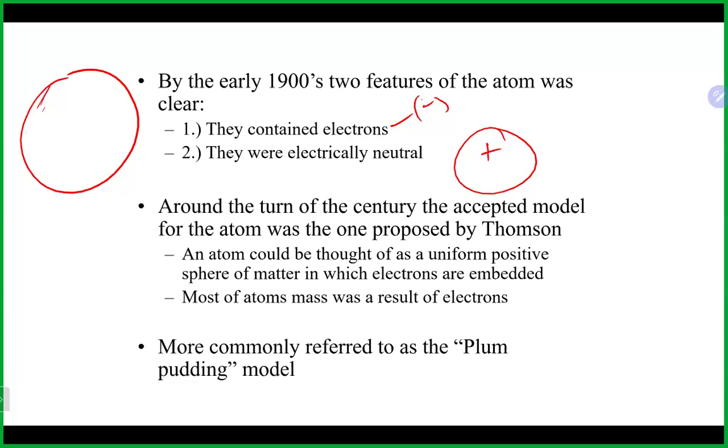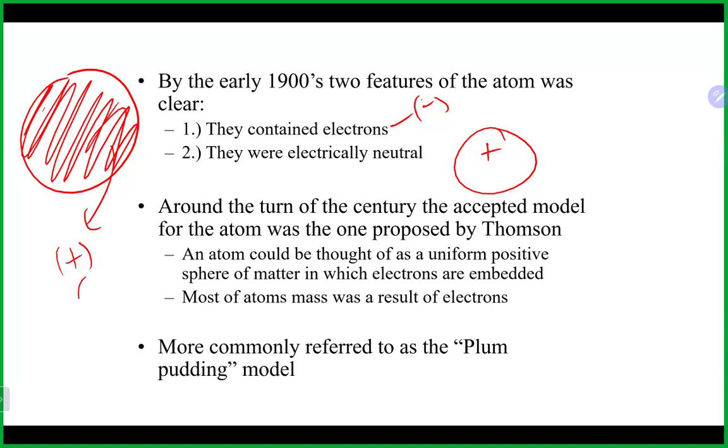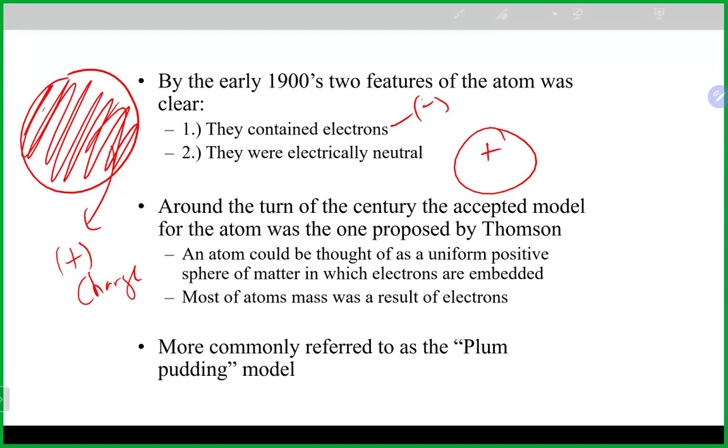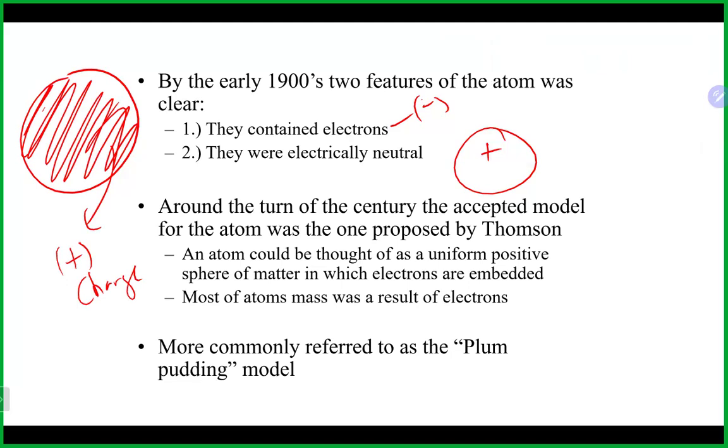So this kind of circle had all of the positive charge spread out throughout it, and in addition, it had these negative particles locked in there. And these negative guys are our electrons.